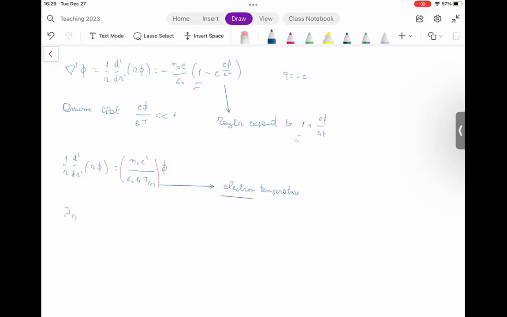I'm going to define lowercase lambda subscript D squared to be equal to epsilon 0 kT divided by n0 e squared, and this is going to be the square of the Debye length.